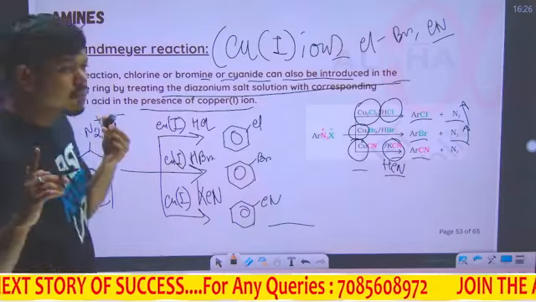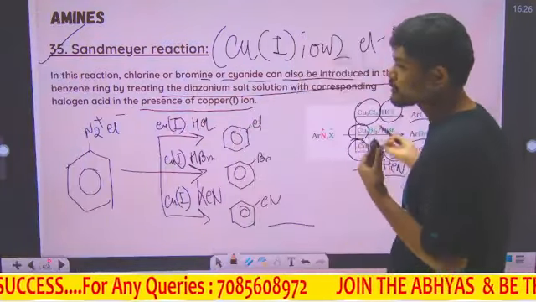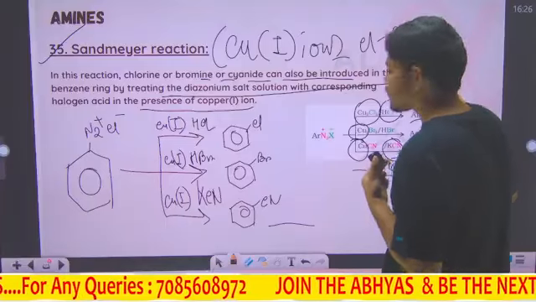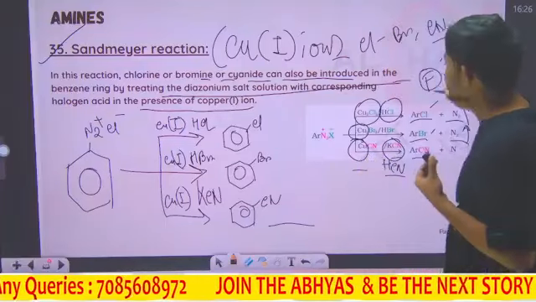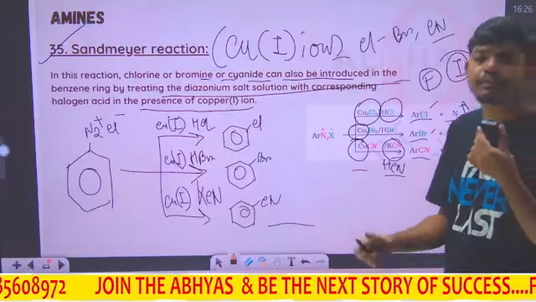Also, like in the first part we have discussed, you add chlorine, bromine. So what is left? Fluorine is left, iodine is left. If you want to add fluorine or iodine to your benzene ring, fluorine needs the Balz-Schiemann reaction.